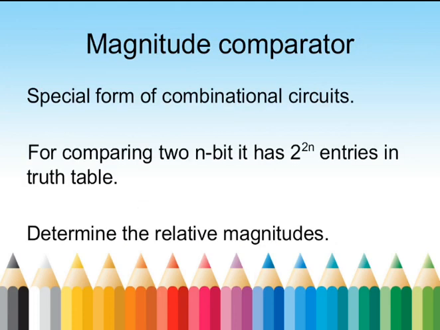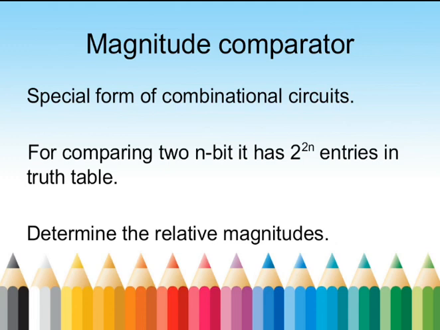A magnitude comparator is a combinational circuit that compares two numbers like A and B, and it determines their relative magnitudes. The outcome of the comparison is specified by three binary variables that indicate whether A is greater than B, A is equal to B, or A is less than B.